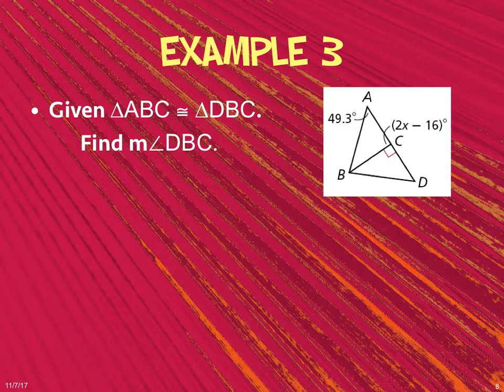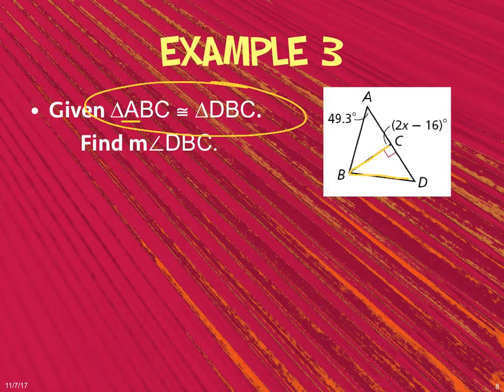Example 3, given triangle ABC is congruent to triangle DBC, find the measure of angle DBC. So we're looking for this angle here, DBC. So here we know that these 2 triangles are congruent.